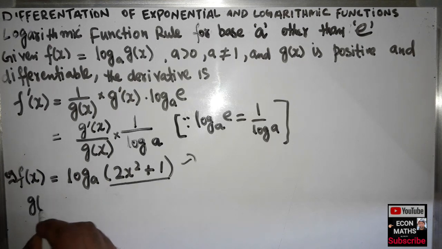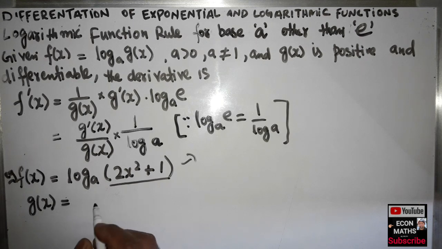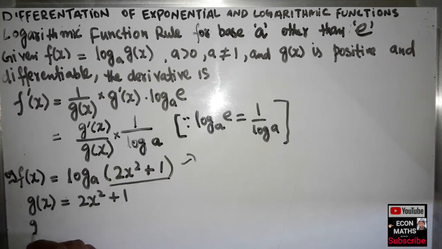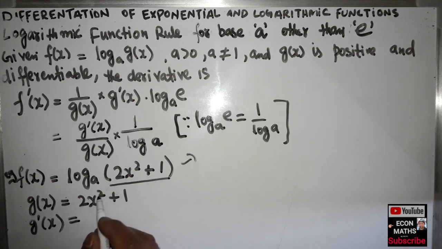Therefore g of x is equal to 2x square plus 1. Now we have to find g dash x, the derivative of this function. So this will become 2 2s are 4x. Clear?